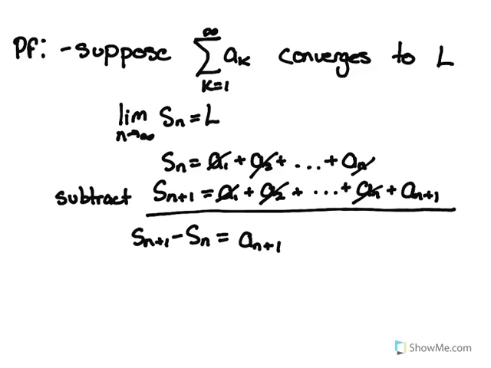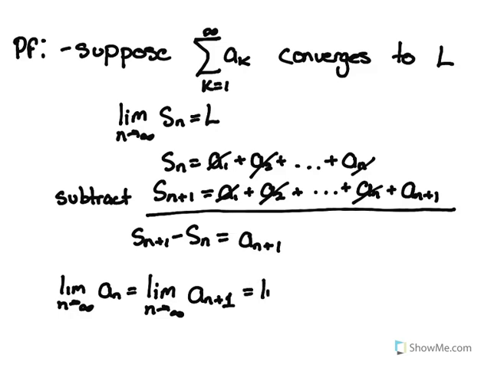Once again, I'm subtracting the top from the bottom. Now the limit as n goes to infinity of a_n is equal to the limit as n goes to infinity of a_{n+1}, because again, n going to infinity also implies that n plus 1 goes to infinity, so you could do a simple change of variables.